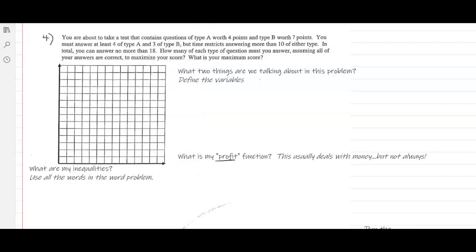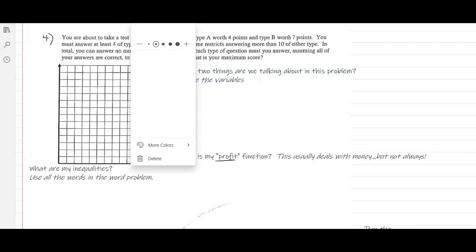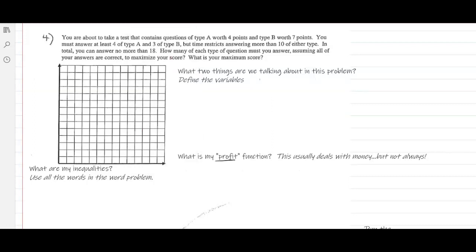Oh, by the way, what 2 things are we talking about in this problem? We are talking about 2 types of questions. We have type A questions and we have type B questions.